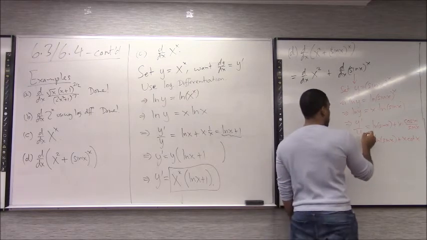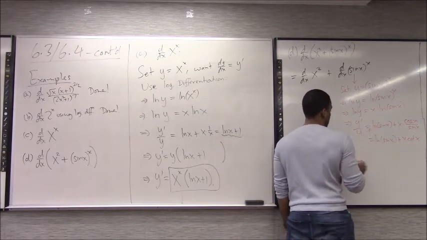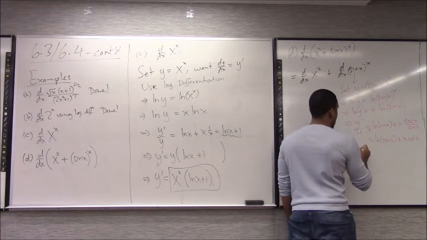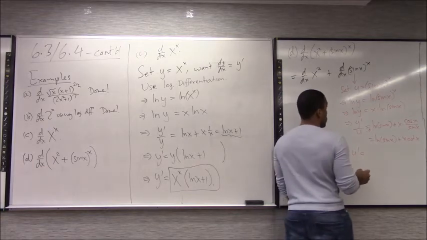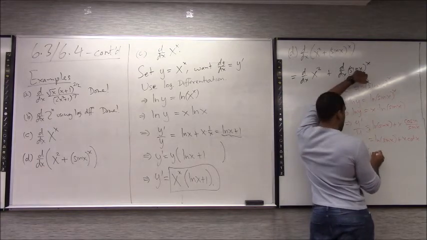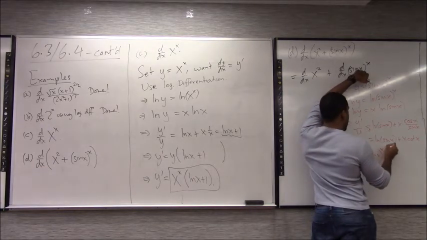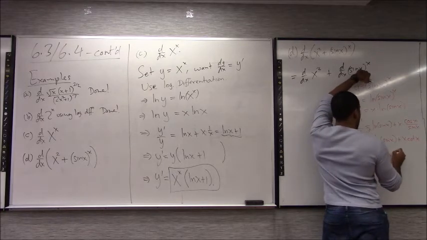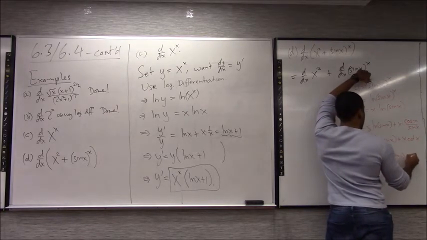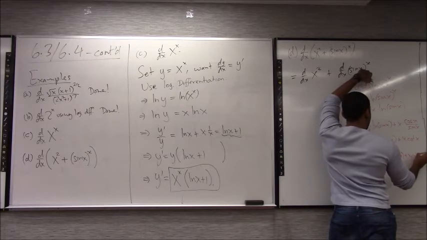And so then you're going to multiply by the y. And so this will give you that your y prime is actually equal to the original function, which is sine x raised to the x times log of sine x plus x cotangent x.